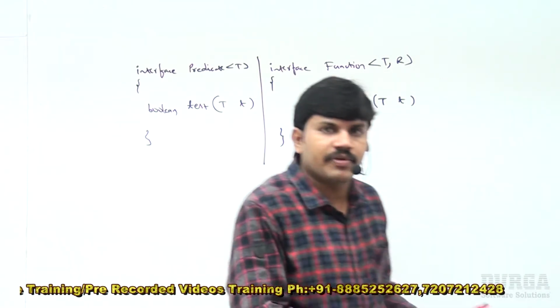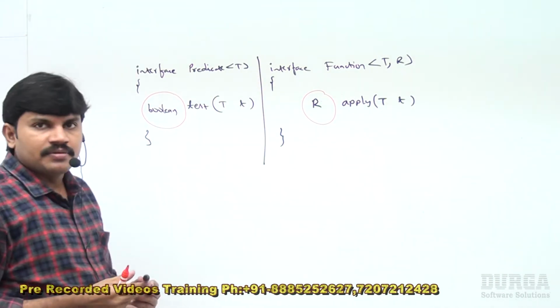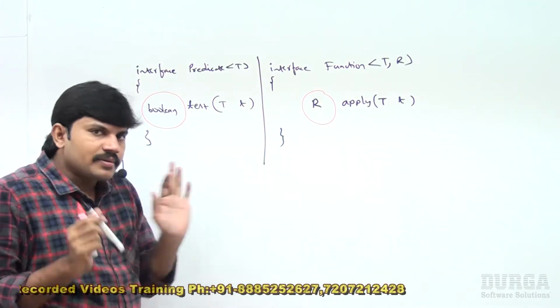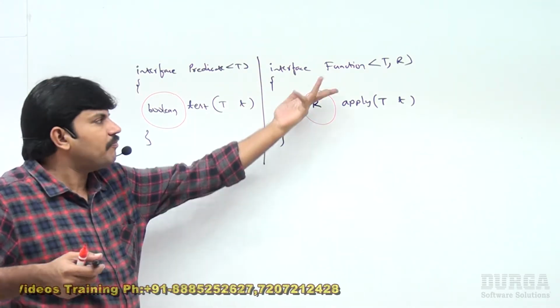In Predicate it is Boolean type, in Function it is any type.